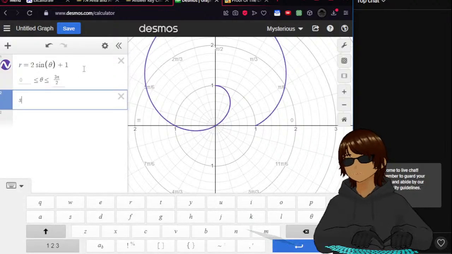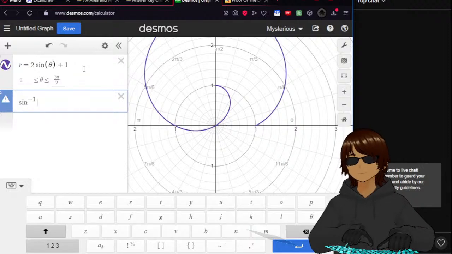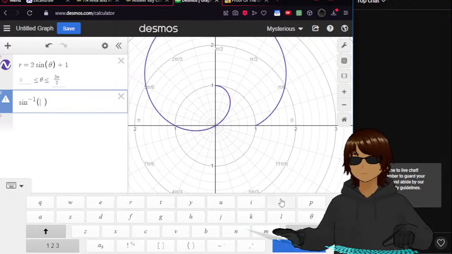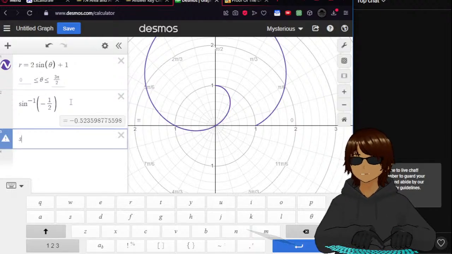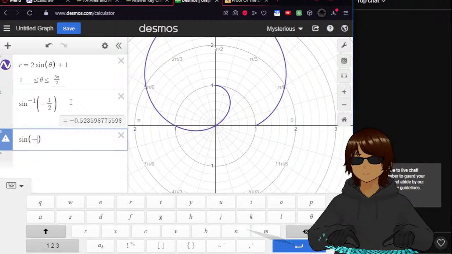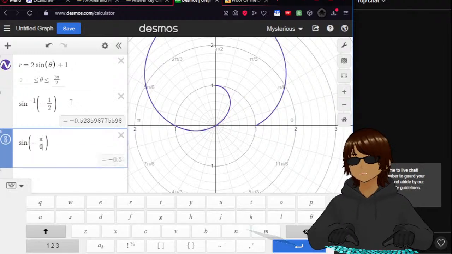Hold on. Sine minus half, sine minus pi over 6.